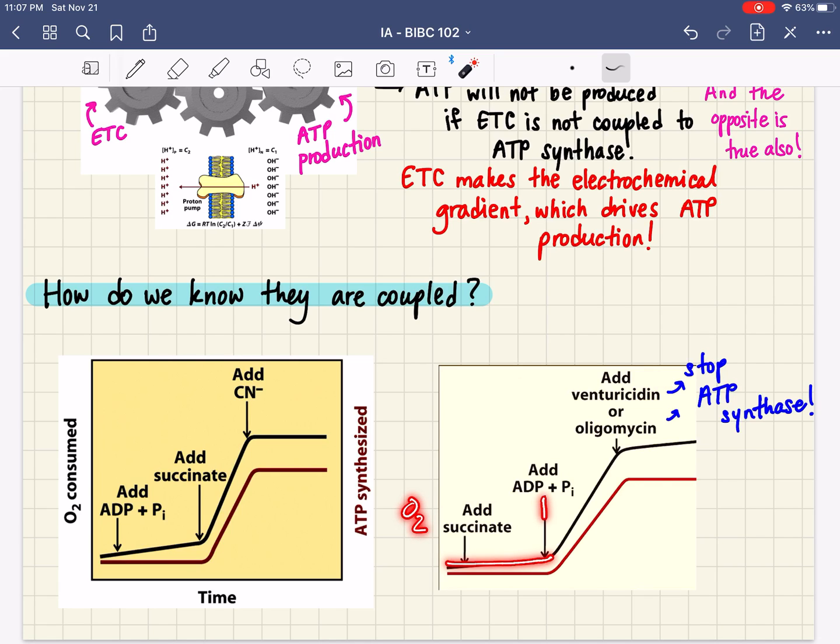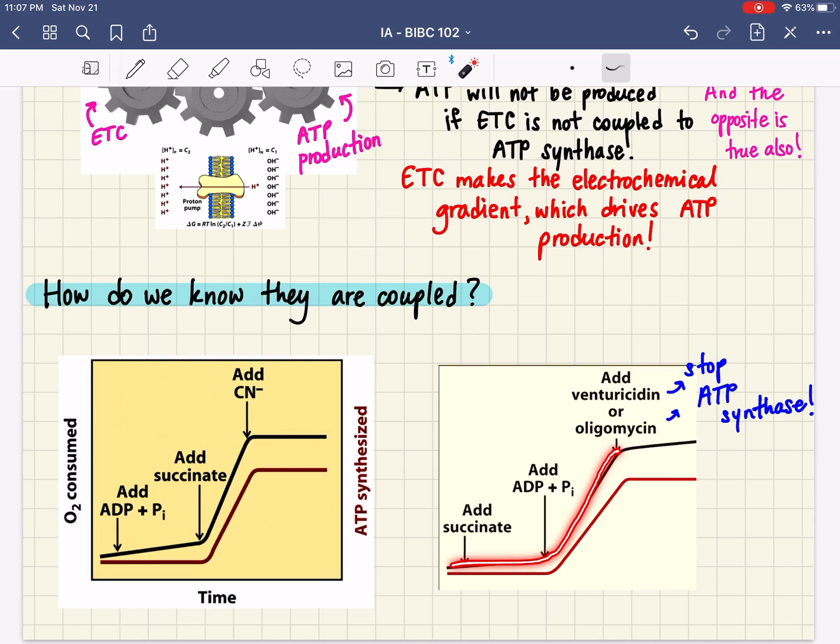However, once we add ADP and phosphate, when ATP synthase has substrates, oh, this looks like a face. Did you see that? When we add ADP and phosphate, our oxygen consumption and ATP production both begin to rise.